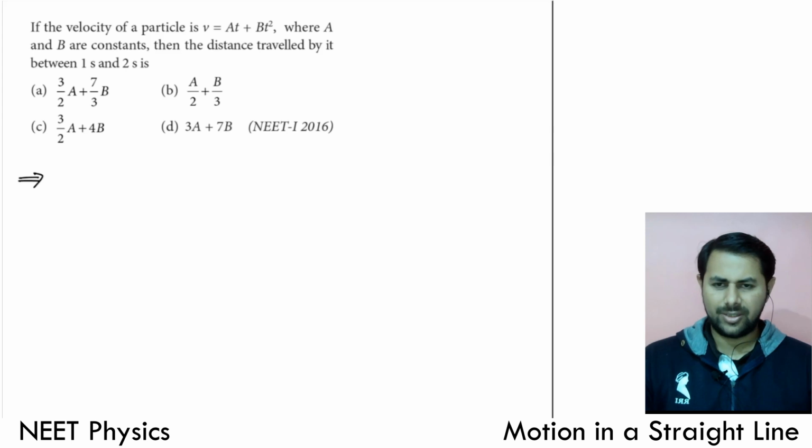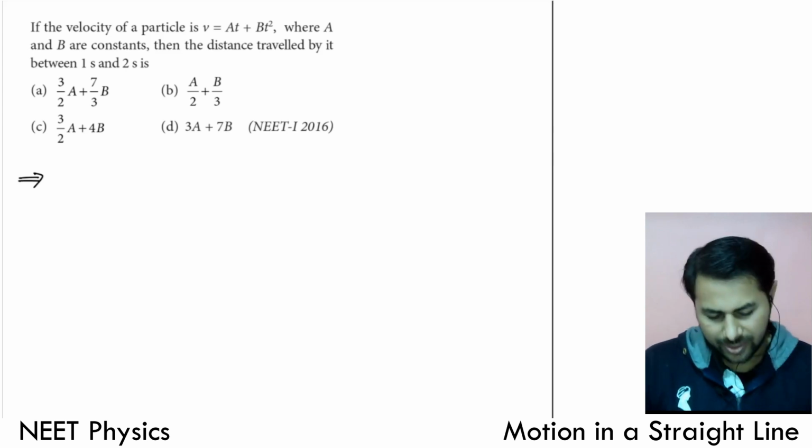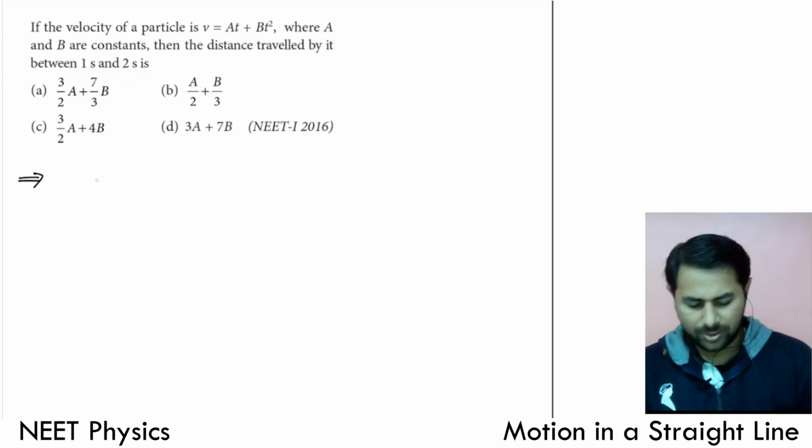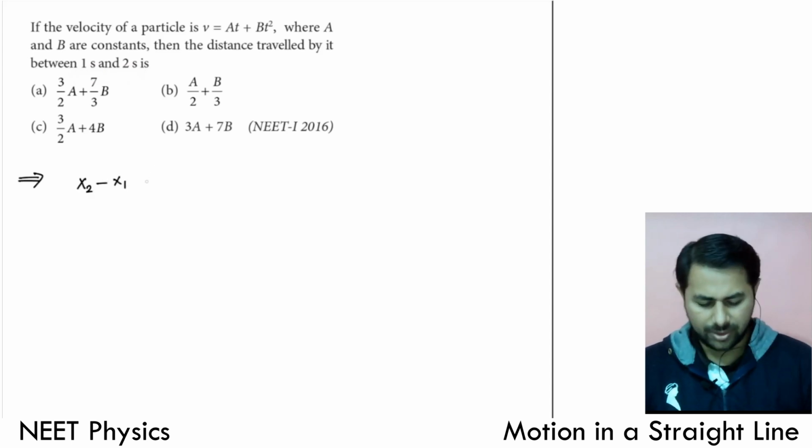Velocity is given, distance traveled. Yeah, take integration. It's very, very simple, right? Distance traveled between 1 second and 2 second. So displacement is equal to, actually it would be displacement, not the distance.